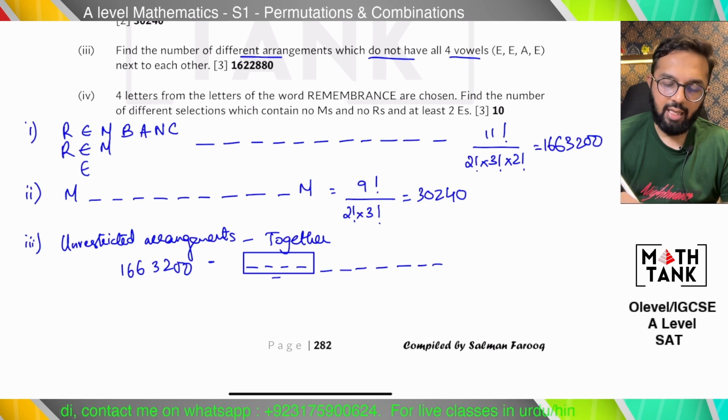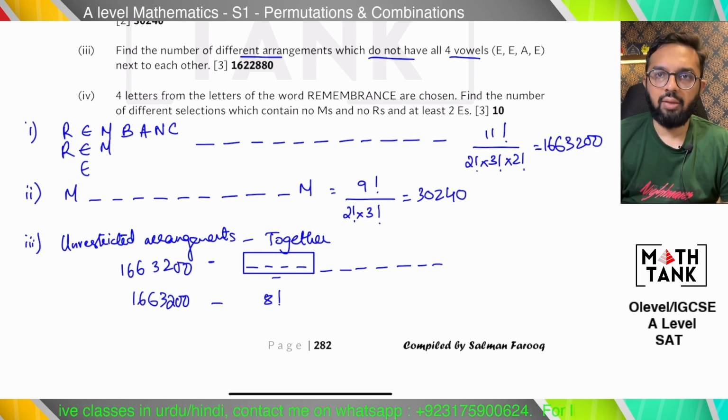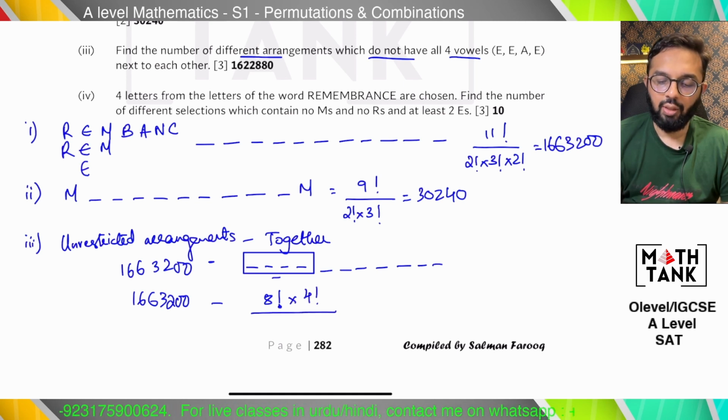The box acts as a dash. So 1663200 minus 8 factorial because 7 dashes outside and the box acts as a dash. Go inside the box. 4 factorial. 4 dashes. Then divide by the identicals. 2 R's, 3 E's, 2 M's.